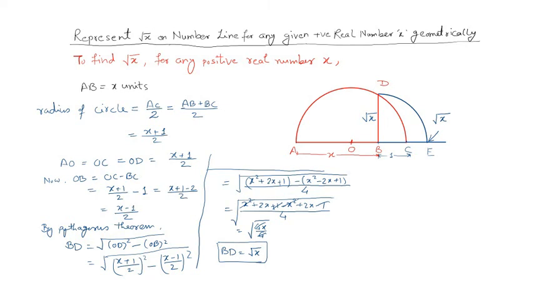In this way, if the number x is given, we can find the square root of x geometrically, and we can also locate this square root of x on the number line.